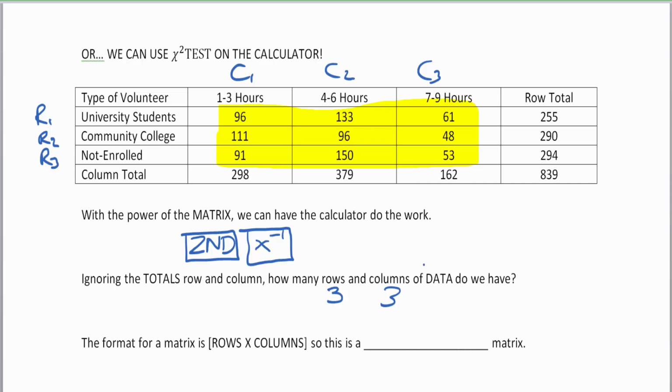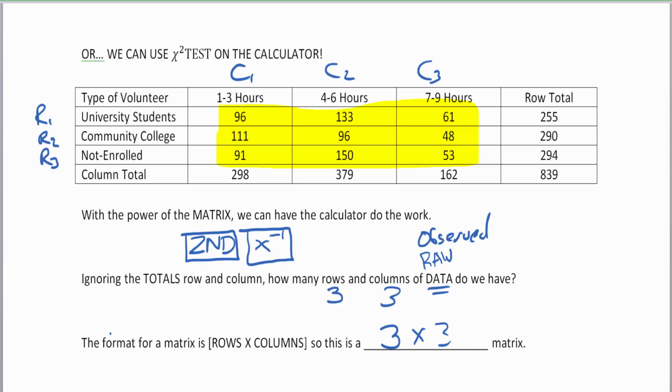Those are not considered as the raw data. So maybe we should put the word raw there if you're going to get confused by what the question is asking. All we're looking for is what is observed in the problem, the observed data. So the format for a matrix is then going to be 3 rows by 3 columns. And that's what we're going to type into our calculator.